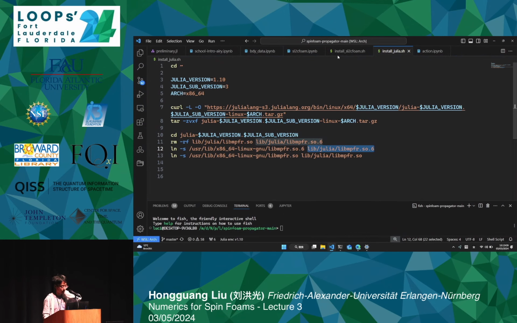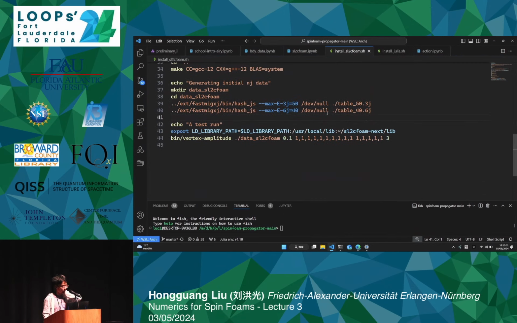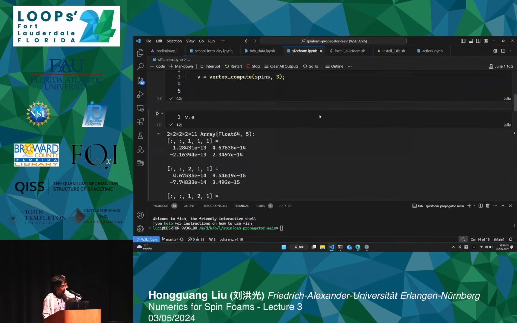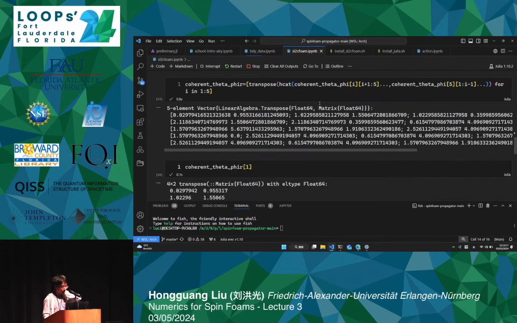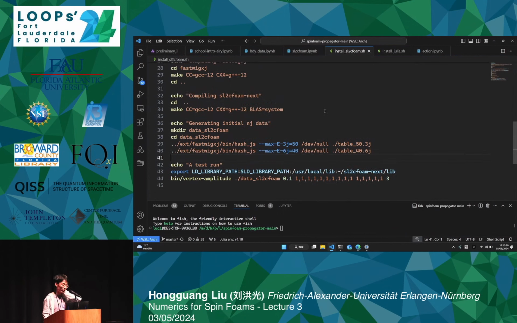Okay. But here I compiled, and if you follow this procedure, it will be compiled with all the things you want. Also, in this compilation I use the BLAS system, which is a vectorization with the system one. You can replace it with the others you want, if you are familiar with this.